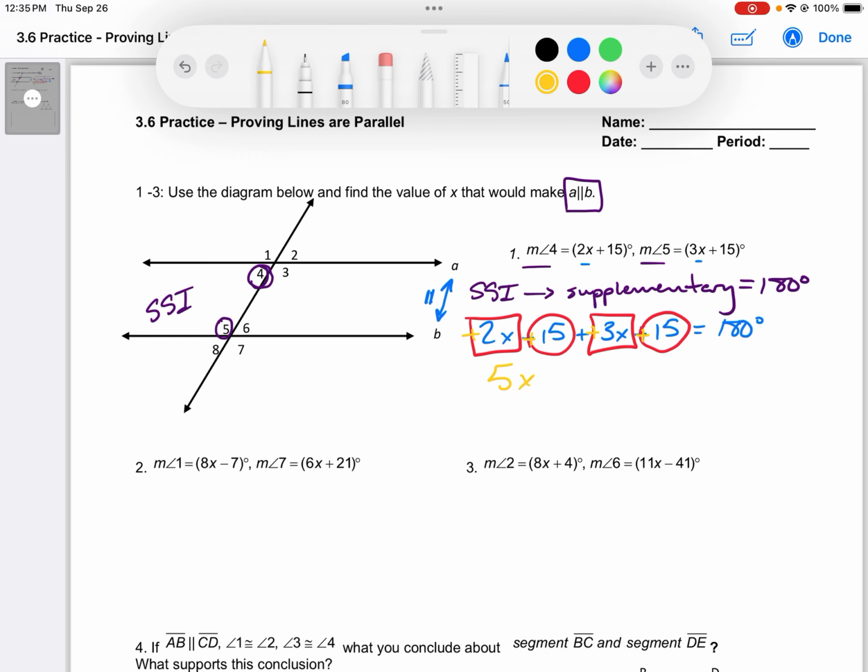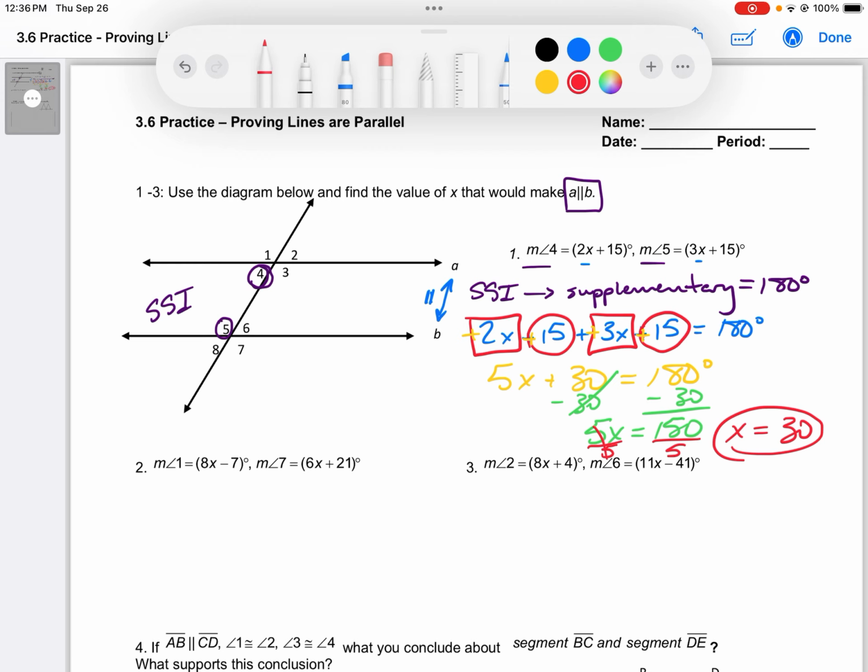Here I have a positive 15 and a positive 15, and when I put those together, I get 30. So this is simplified. All I did was combine like terms, and now I can continue to solve for x. Divide by 5, x equals 30.